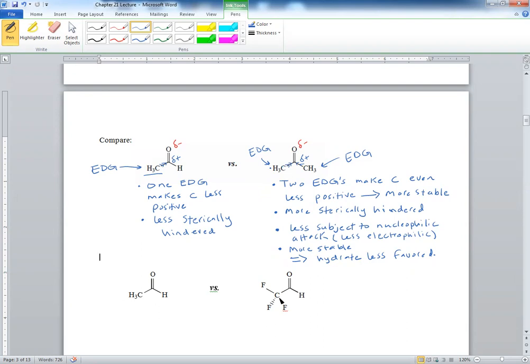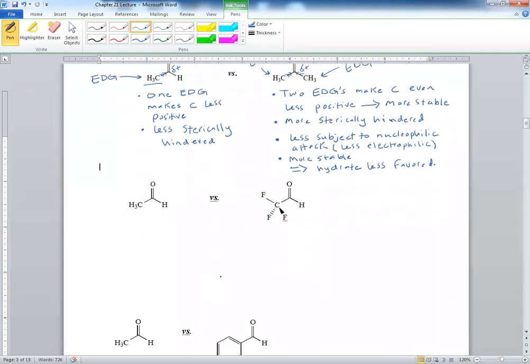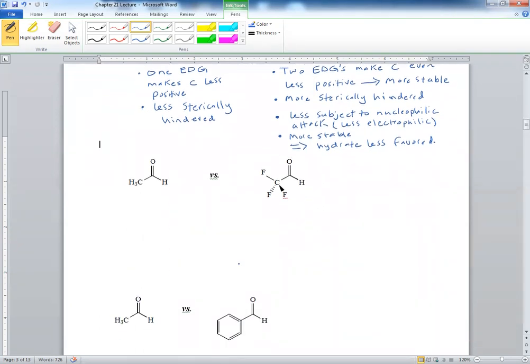Now let's go to the next one. In the next one, as you can see, you also have a comparison, but we have two aldehydes that we're comparing, not an aldehyde and a ketone. So this one is similar to what we talked about above.